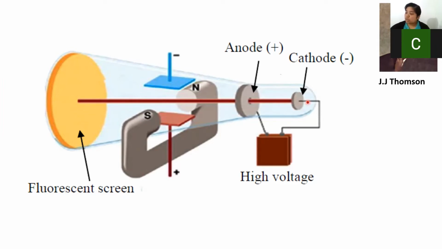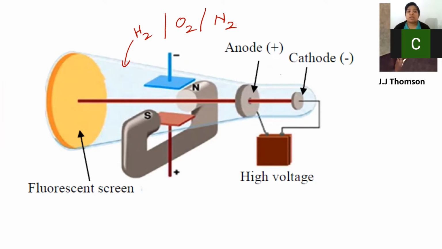And then he didn't stop from there. He ended up filling this tube with different types of gases. So at one time, he did it with hydrogen. Next time, he did it with oxygen. Another run, he did it with nitrogen. So no matter what gas there was in the tube, again, there was no change at all.